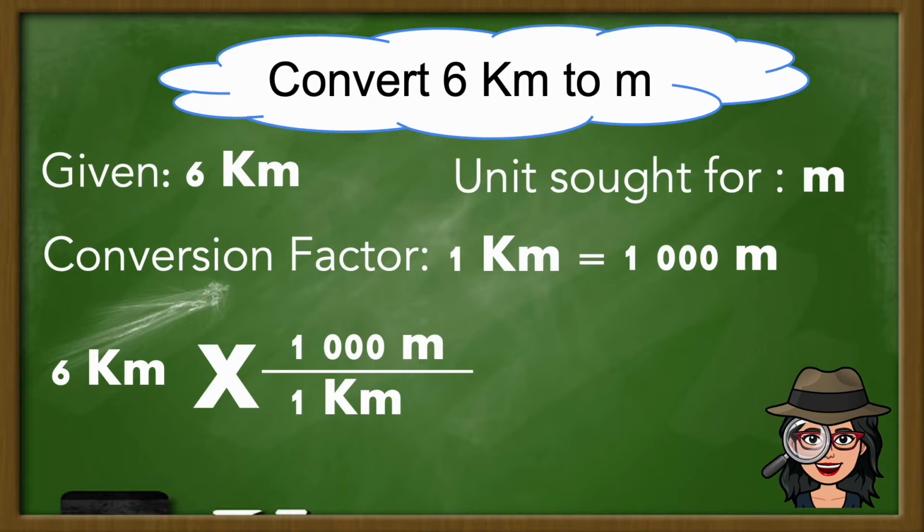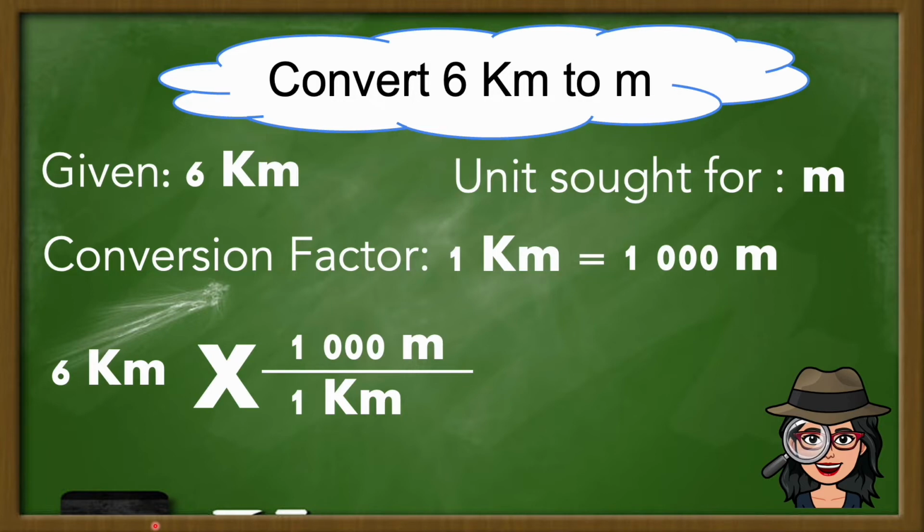Remember that we have to cancel out units of measurement. And in this example, the unit that we need to cancel out is the unit kilometer. Right? So for us to cancel that, we have to put the same unit in the opposite position: 1 in the numerator and 1 in the denominator. Is that clear? Okay, let's proceed.